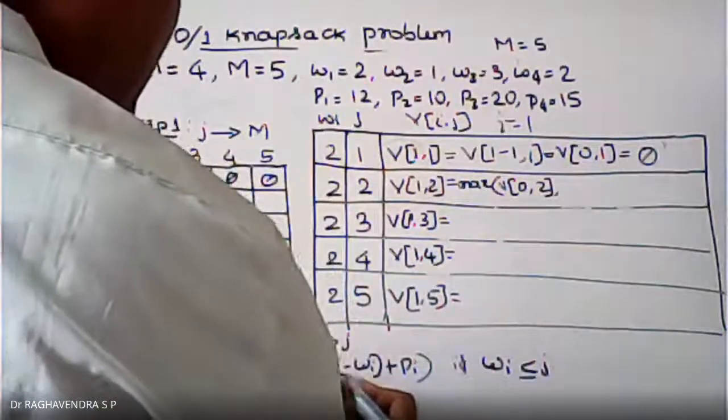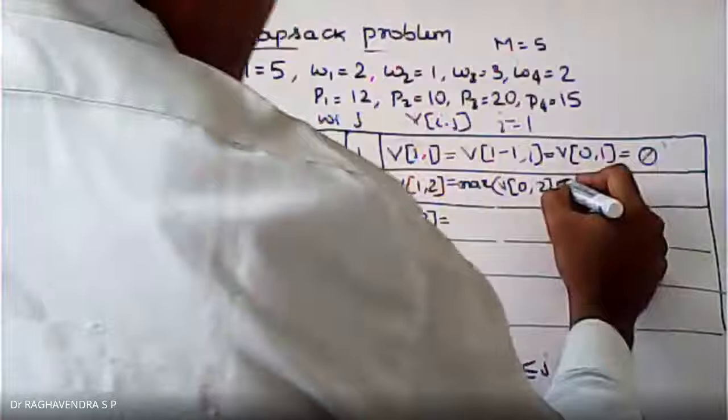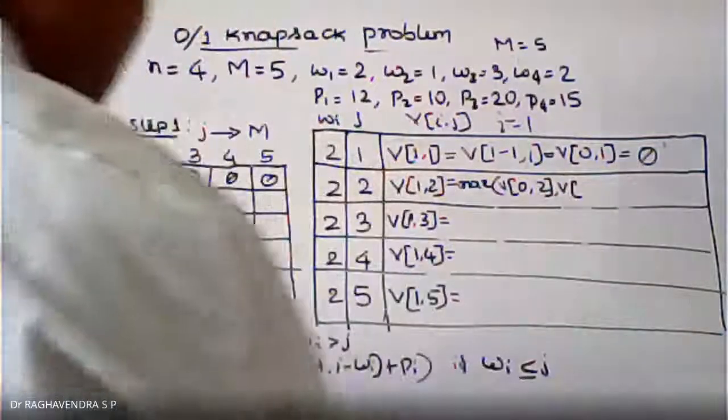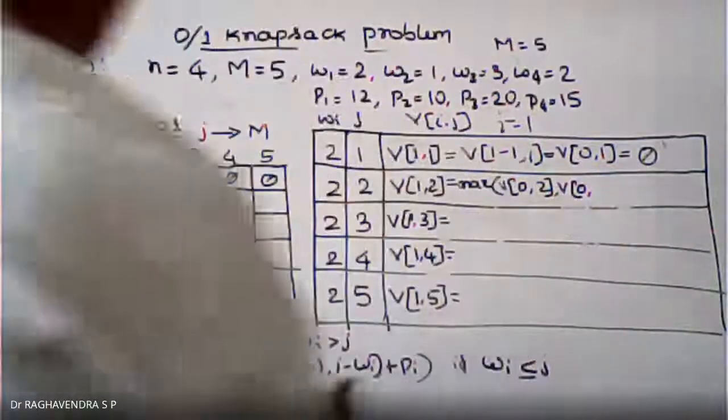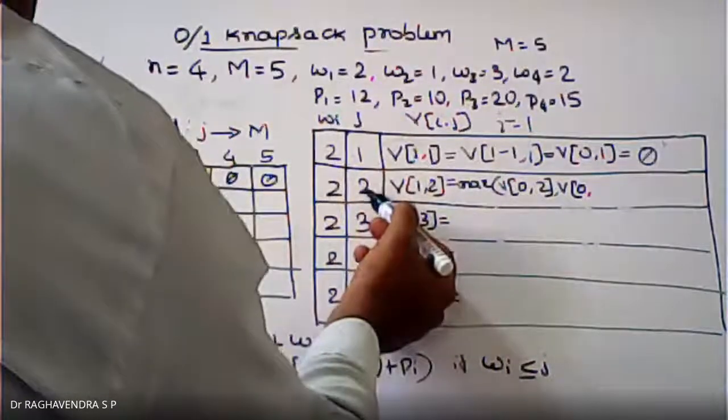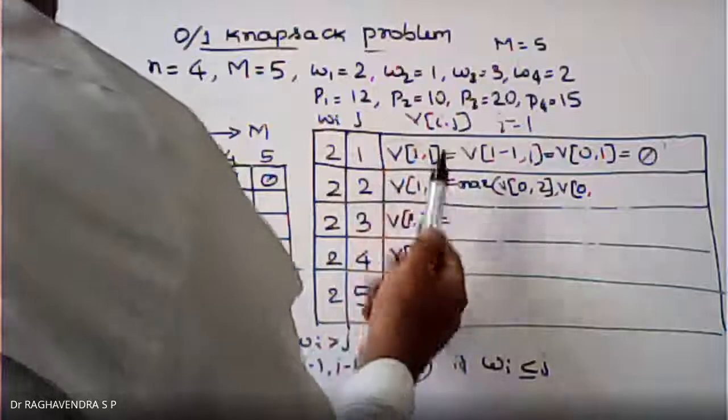V of I minus 1, J minus Wi. I minus 1 is 0, so V of 0, J minus Wi. J value is 2 minus Wi.